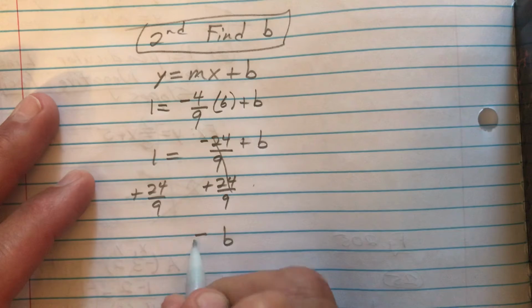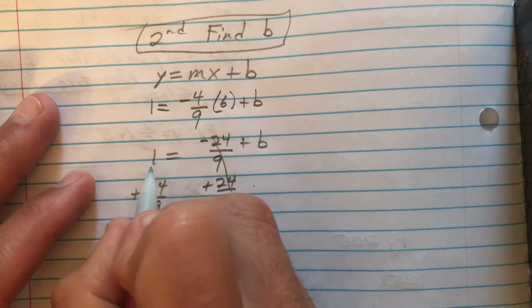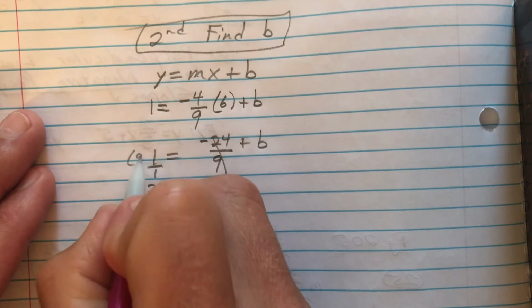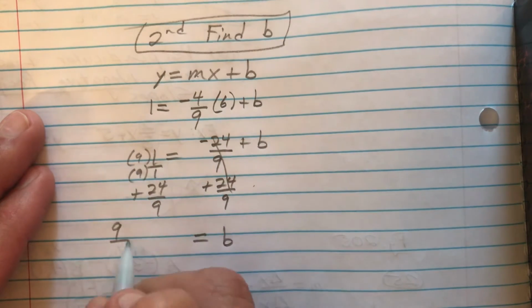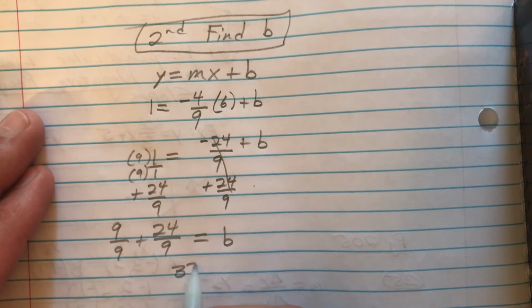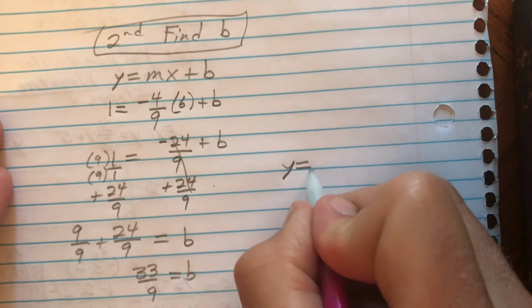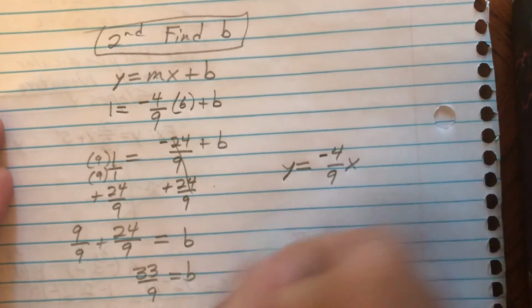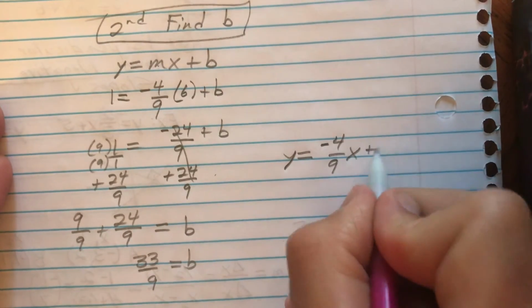And to add 24/9 to 1, 1 is really 9/9. Right? If you multiply the top and bottom by 9 to get a common denominator. So my b is 33/9. So my equation is y equals m, which is negative 4/9, x plus b, which is 33/9.